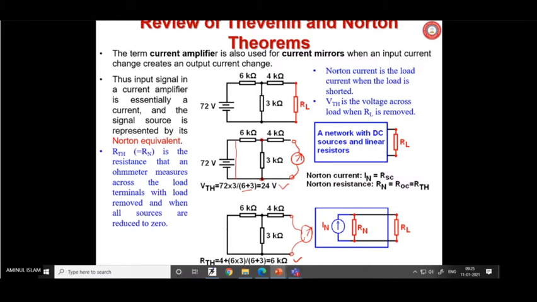Another topology or configuration is the common collector configuration. As you can see, this circuit is common collector. Can you say why, how it is common collector?